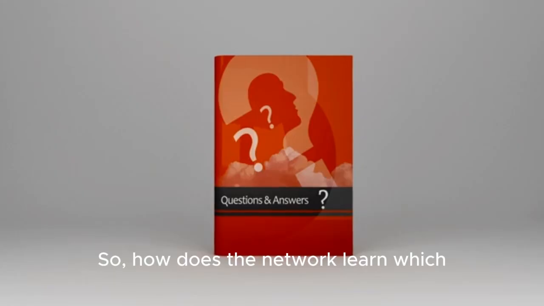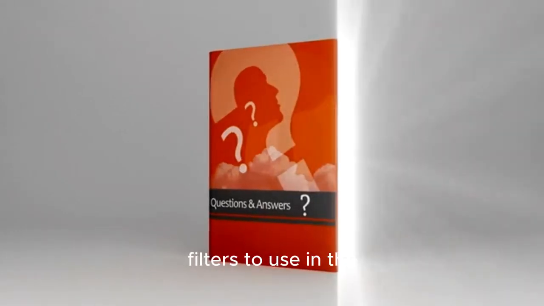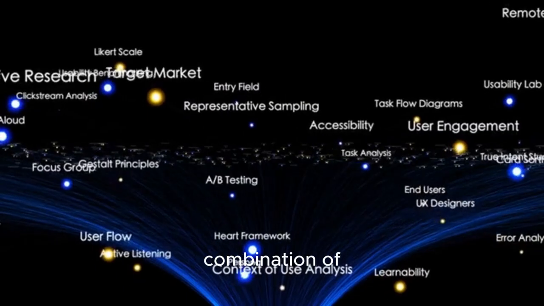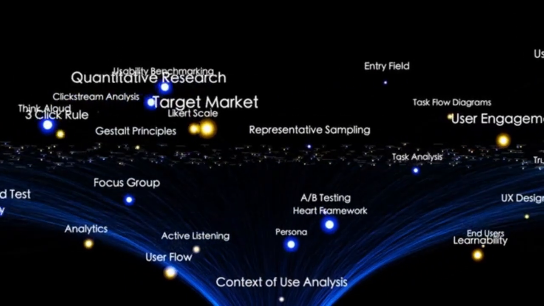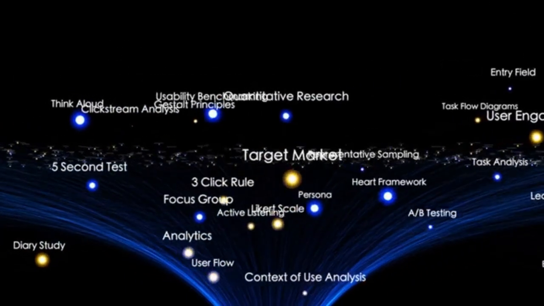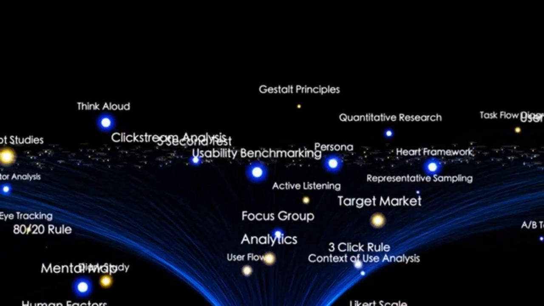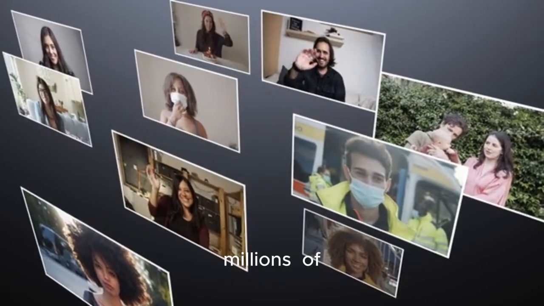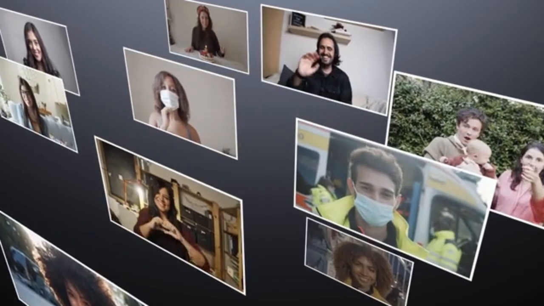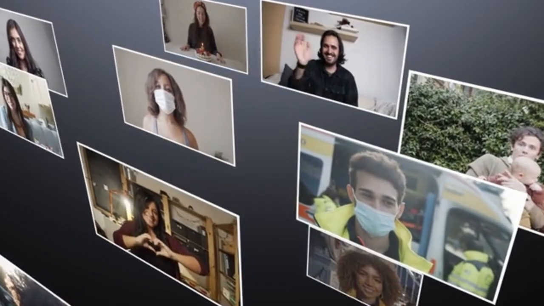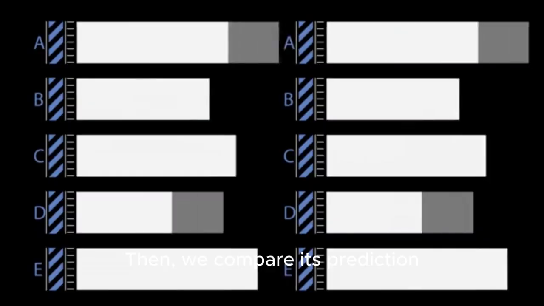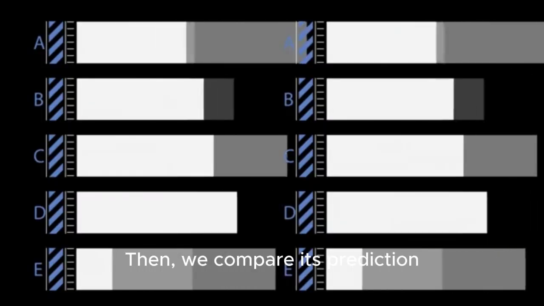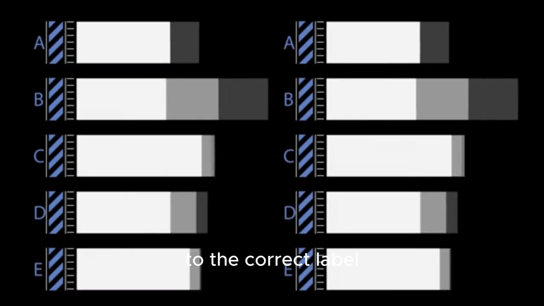So, how does the network learn which filters to use in the convolutional layers? For each image, we let the network make a prediction. Then we compare its prediction to the correct label.